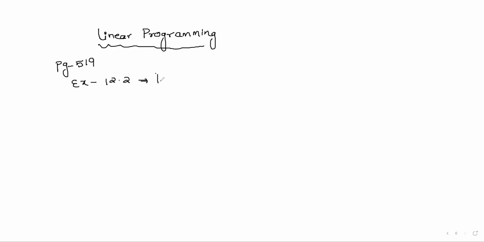Now we will start linear programming. It is a very simple topic, so we can say that this is a bonus chapter. Please mark page number 519, exercise 12.2. This complete exercise has been deleted.